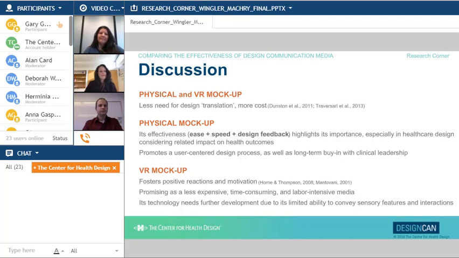And I think it's also important to note, because there's been a lot of talk recently about how and when to leverage VR mock-ups, that VR does foster positive reactions and a motivation from clinicians to begin to understand the space. But with its current technology, although arguably it is moving quite rapidly, it is still limited in many regards, predominantly in two aspects.